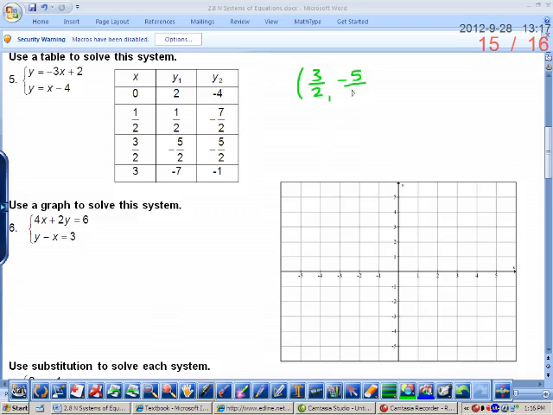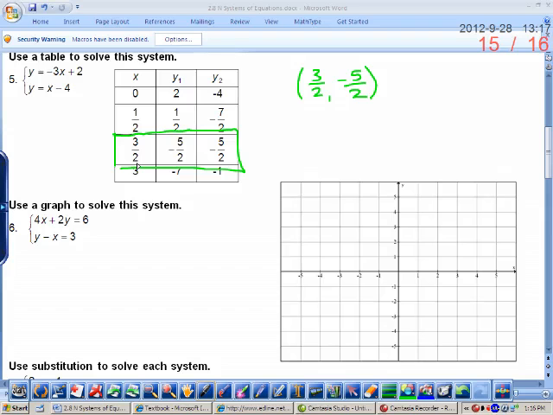There we go. Okay, that is the x value where my y values are the same. Questions? Not in a question like this, no.